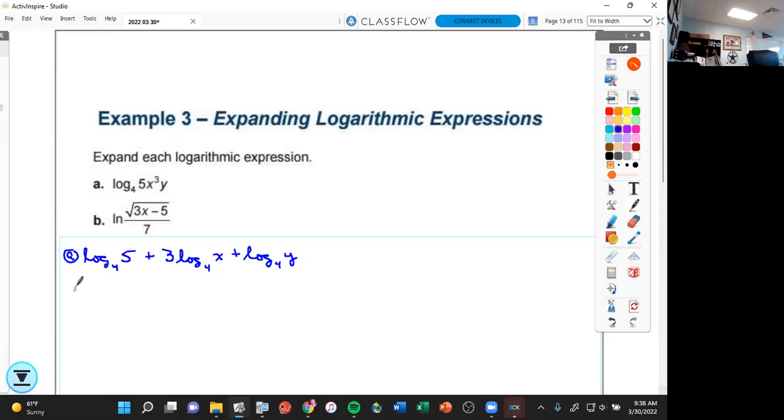Part B. What do we have going on here? I'll kind of be shocked if y'all can rattle this one off. Is this an equation such that I can multiply both sides by 7 to make it fair?